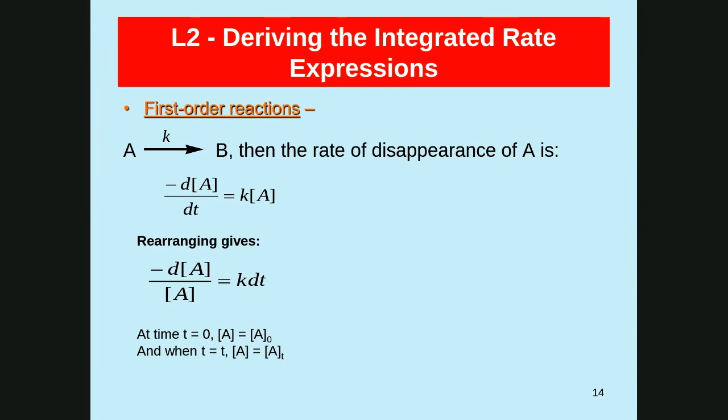So the issue now is to use the mathematical technique of integration to find out, for a given starting concentration A at time 0, what the concentration will be at any future time.